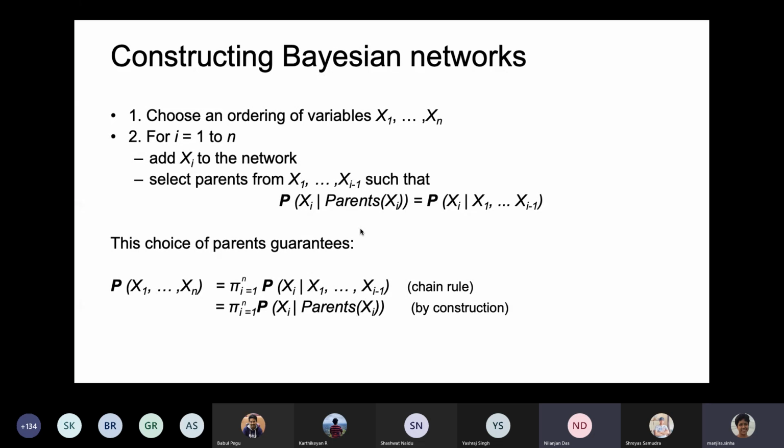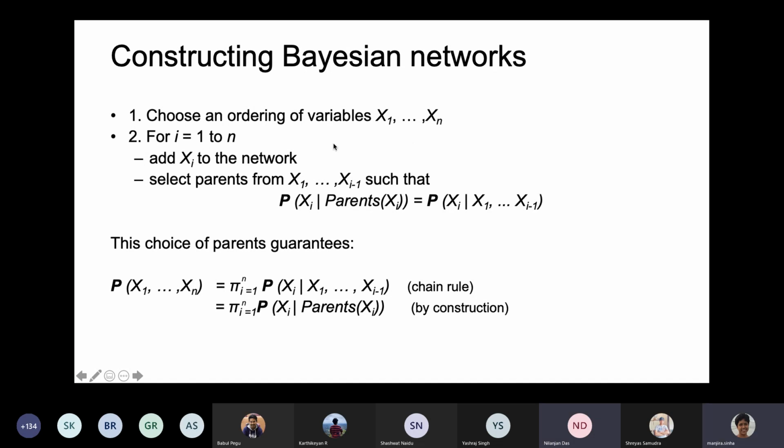Okay. So let us see how we can construct a Bayesian network given a set of variables and the parent-child relationship. First step, choose an ordering of the variables x1 to xn, because we need to assign some numbers.